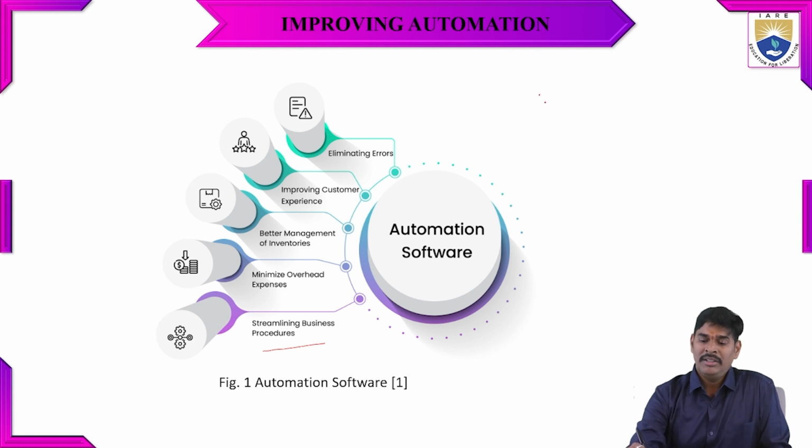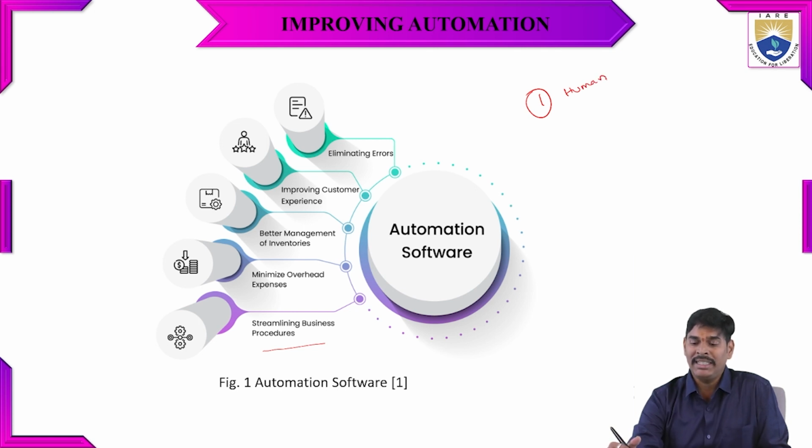When humans do paperwork in detail, they may have to take more time, doing multiple works, and delay will happen. The time taken is very high, the calculation of the data is very high, and the processing time is also very high. So to reduce this in business, they mainly use automation software to minimize this work.